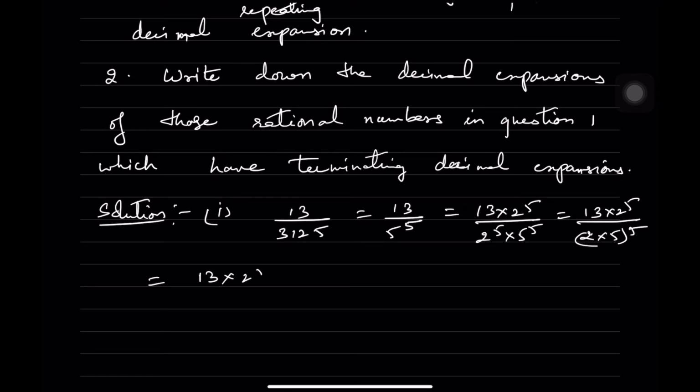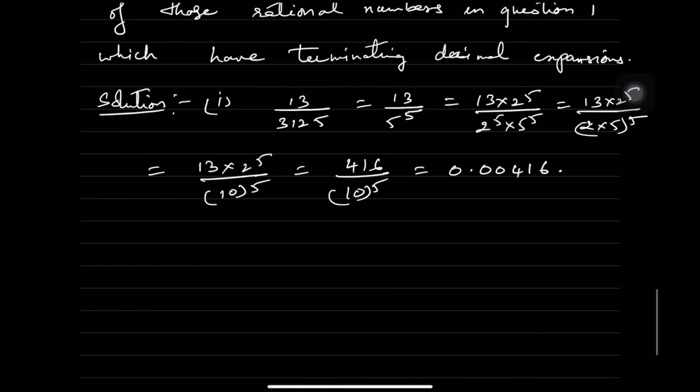So which is equal to 13 into 2 to the power of 5 by 2 to the power of 5 into 5 to the power of 5, which is equal to 13 into 2 to the power of 5 divided by 10 to the power of 5, which is equal to 416 divided by 10 to the power of 5, which is equal to 0.00416. This is the answer.